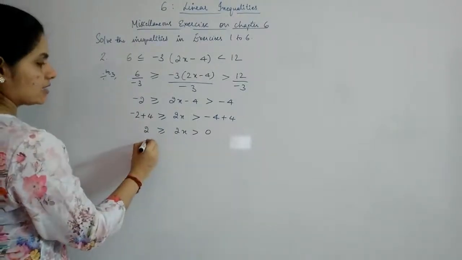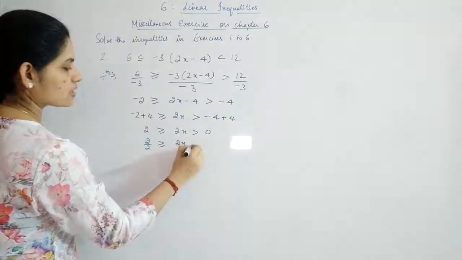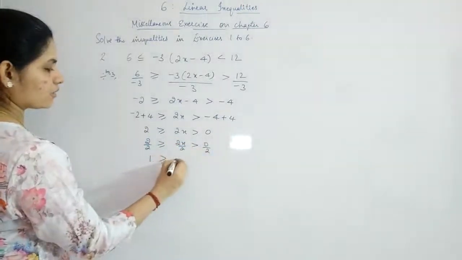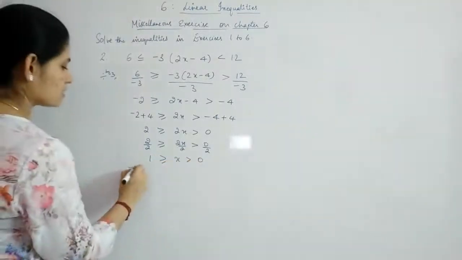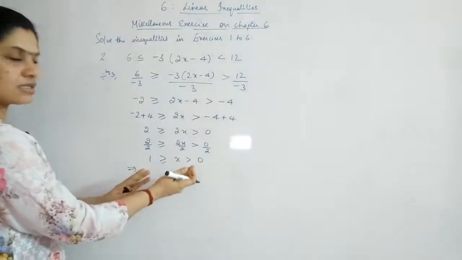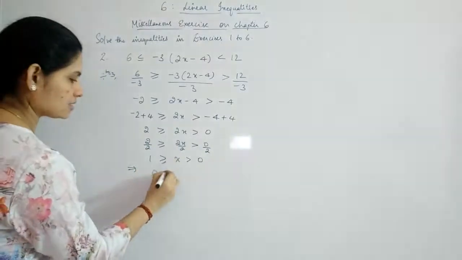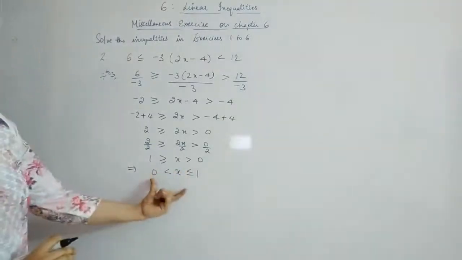What you will get, 2 by 2 is greater than equal to 2x by 2 is greater than 0 by 2. That is 1 is greater than or equal to x greater than 0. Or you can just reverse it and write, reverse in the sense you are just writing the same meaning sentence, that is 0 less than x less than or equal to 1, in order to understand it better.